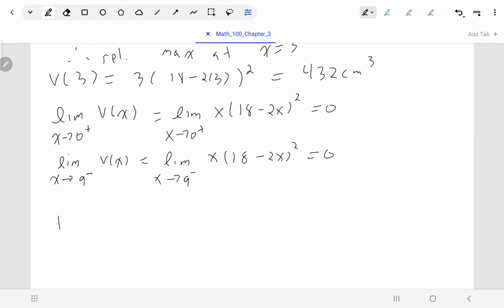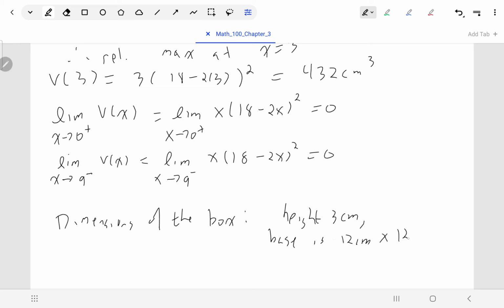So the dimensions of the box: the height is 3 centimeters, and the base is 12 centimeters by 12 centimeters, and this gives the maximum volume of 432 centimeters cubed.